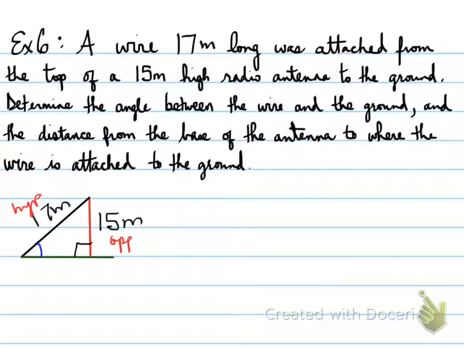So we set it up. Sine of angle, well, let's call it angle theta, is equal to 15 over 17. To find the value of that, theta is equal to the sine inverse of 15 over 17.